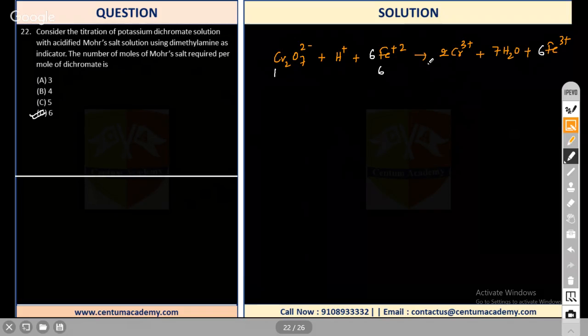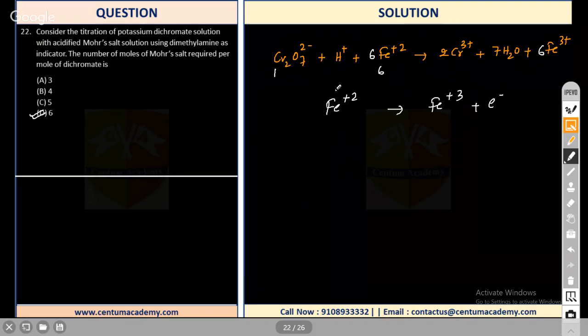Right? Or if you know this thing that Fe2 plus converts into Fe3 plus, like this, Fe plus 2 converts into Fe plus 3. This you should remember. Okay, so the number of electrons exchanged is 1 electron here.